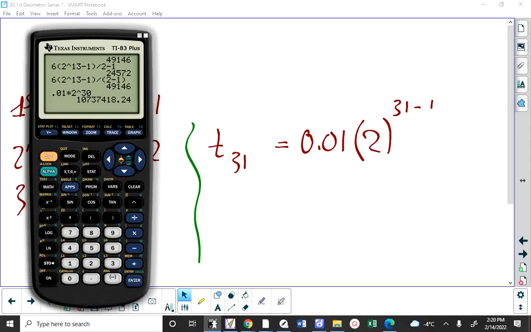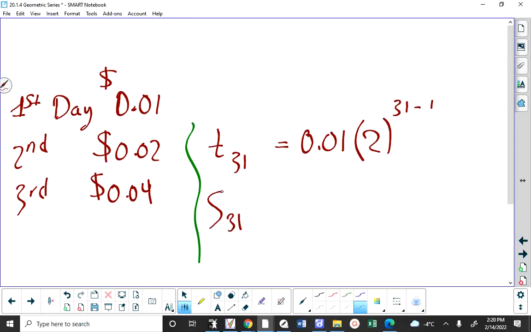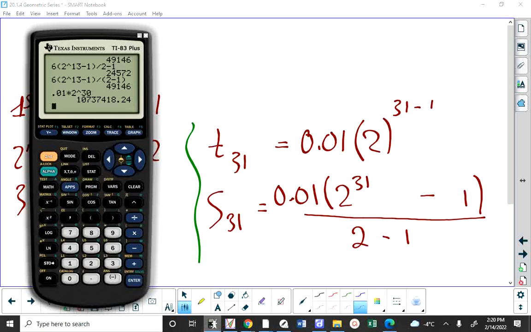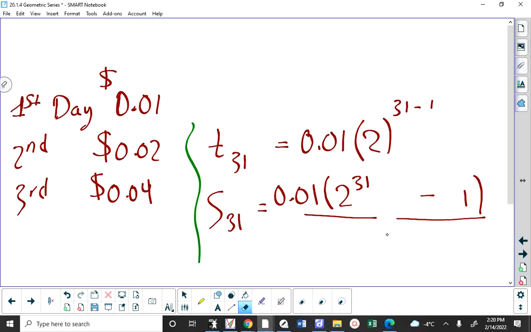If I said to you, okay, calculate the total, imagine having to add all those numbers together. You could do this instead. The first term multiplied by the common ratio to the n, then minus 1, over the common ratio minus 1. Well, we're getting lucky with the 2 minus 1 on the bottom. Again, it's not always going to be that way.